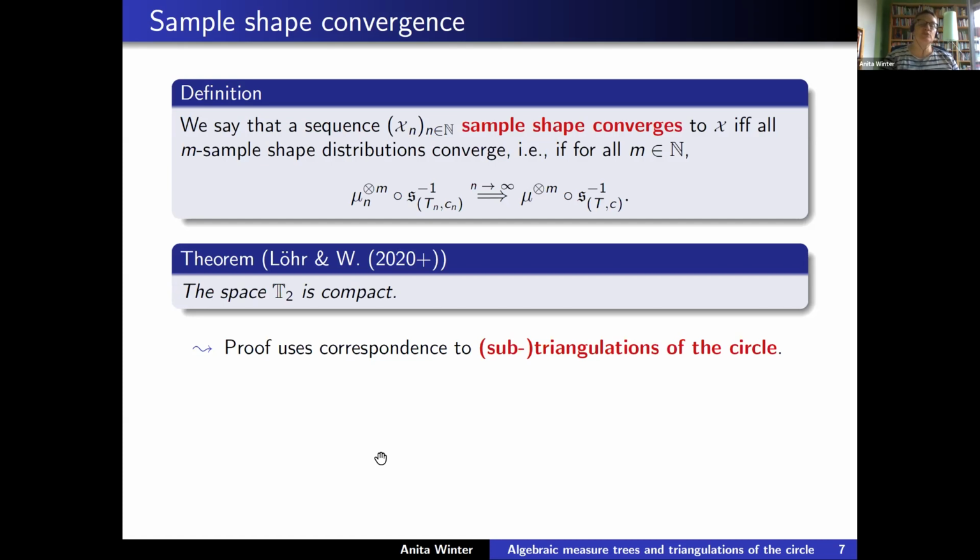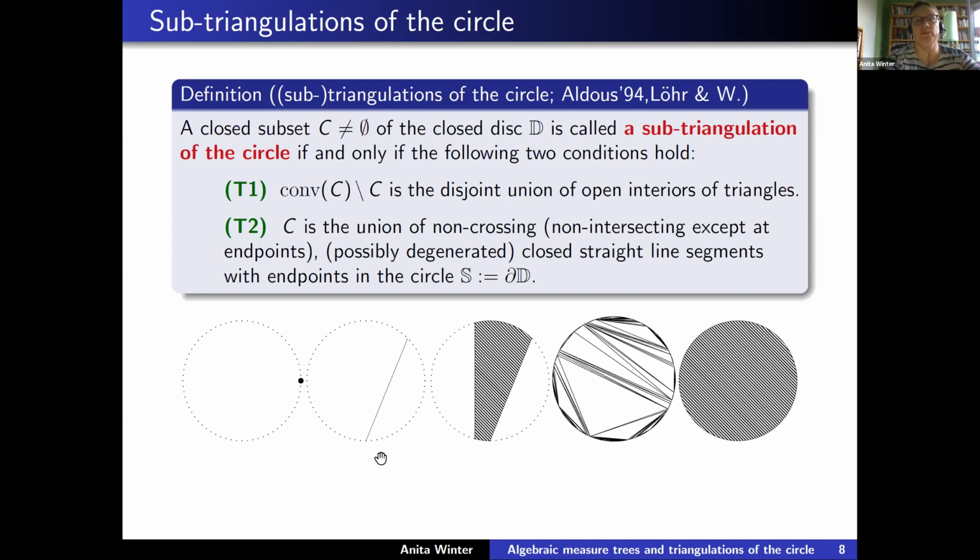The proof uses correspondence to subtriangulations of the circle. Let me start with a very formal definition. A closed subset C of the closed unit disk D is called a subtriangulation of the circle if and only if the following 2 conditions hold. First condition, the convex hull of the set minus C consists of a disjoint union of open interiors of triangles.